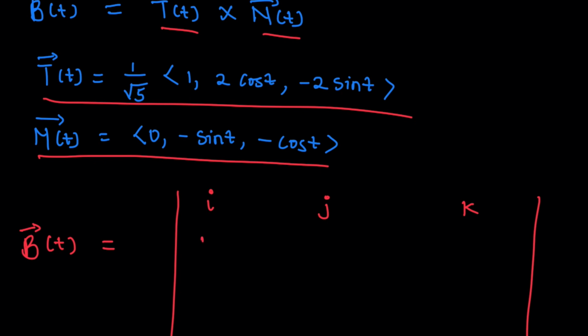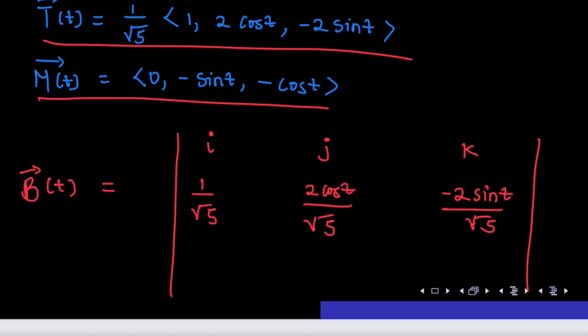So that will give us 1 on square root of 5, 2 cosine of t on square root of 5, then minus 2 sine of t on square root of 5. And the third row will be given by the entries of the unit normal vector. That's 0, minus sine of t, minus cosine of t.